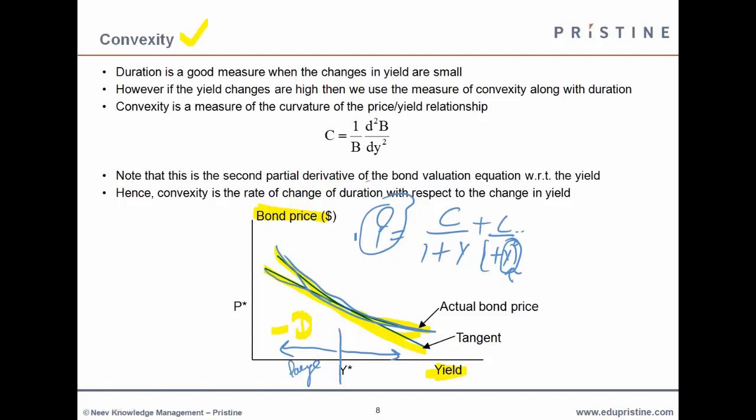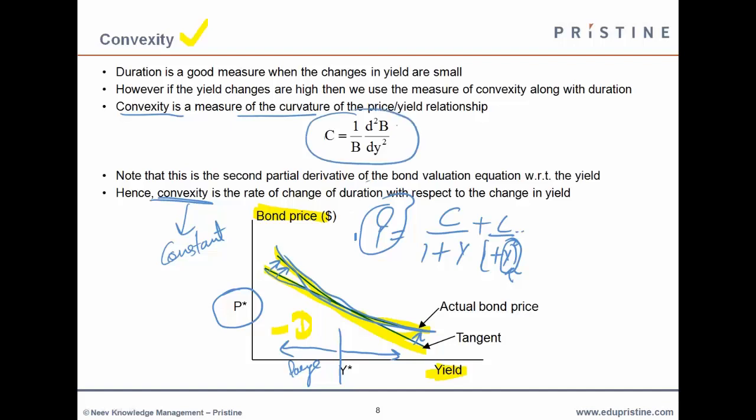So for large changes in yield, you must consider this curvature to get the right bond price. This curvature is called convexity, and there is a constant value for that convexity that we should compute. Convexity is a measure of the curvature of the price-yield relationship.